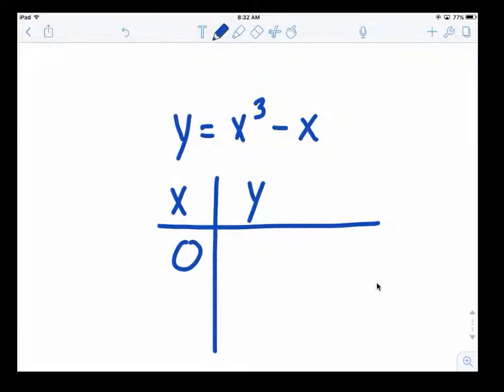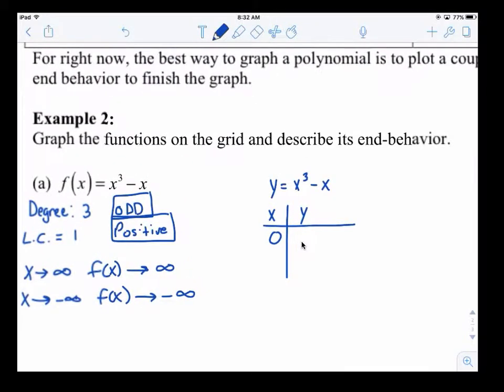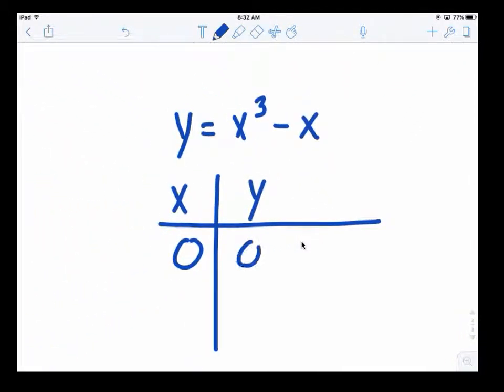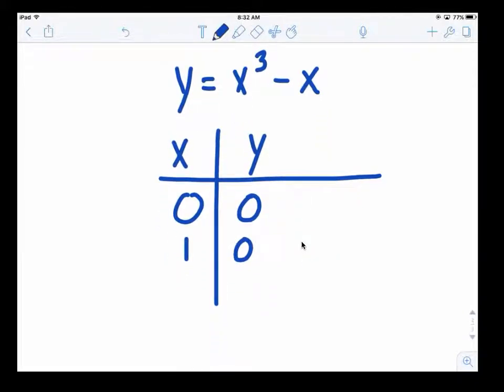All right, so if I plug in 0, what do I get? We're on 2a. You get 0. Okay, if I plug in 1, what do I get? If I plug in negative 1, what do I get?